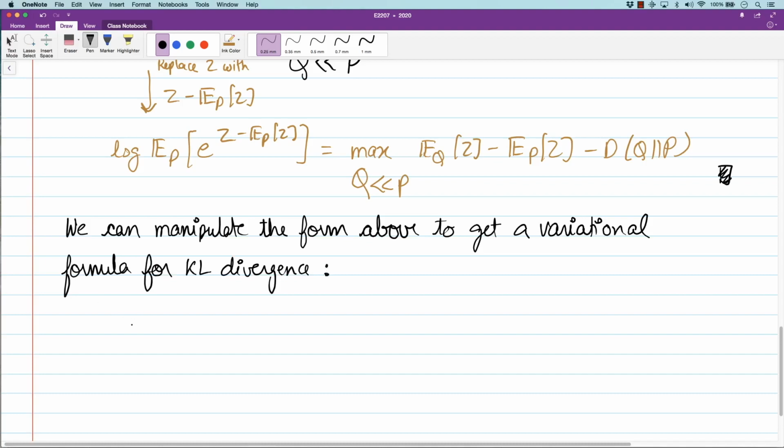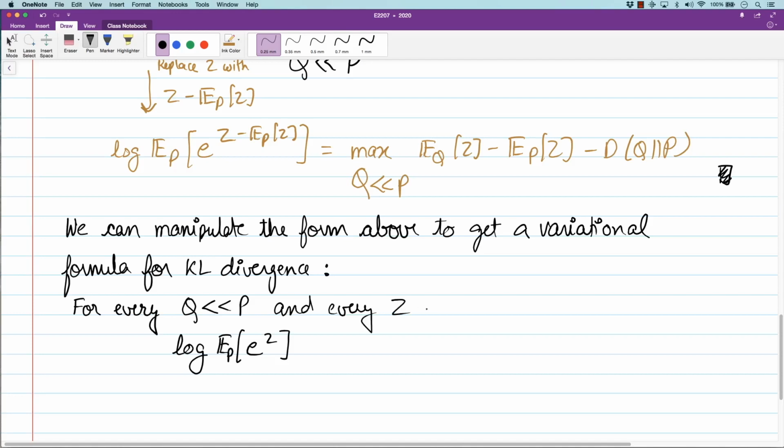So indeed, we have shown that for every Q that has density with respect to P, and for every random variable Z such that expected value e to the power Z is finite, the log moment generating function is equal to, not just equal to, it exceeds expected value with respect to Q of Z minus D(Q||P).